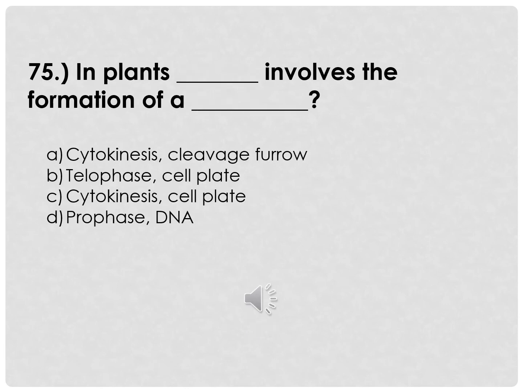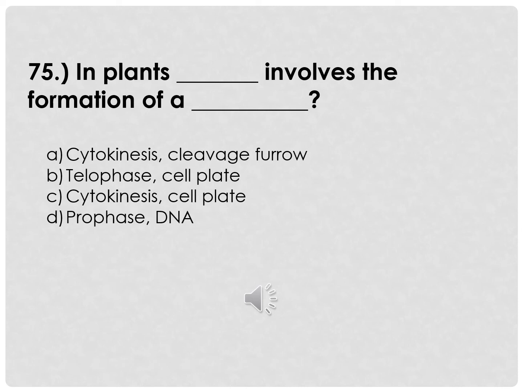In plants, blank involves the formation of a blank. Option A is cytokinesis forms a cleavage furrow, which is true, but that's in animal cells, and we are looking at plant cells, so it is not A. B, telophase involves the formation of a cell plate.